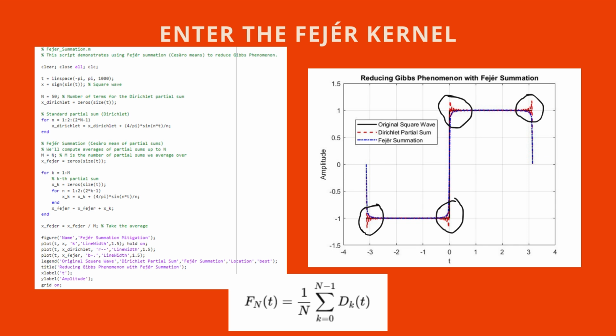By doing this, we replace the Dirichlet kernel with a related kernel called the Fejér kernel, which is essentially a smoothed version of the Dirichlet kernel. The Fejér kernel acts like a built-in averaging mechanism, effectively dampening those troublesome high-frequency oscillations. The result is a series approximation that converges uniformly for continuous periodic functions and significantly reduces the overshoot seen with the Dirichlet kernel alone.